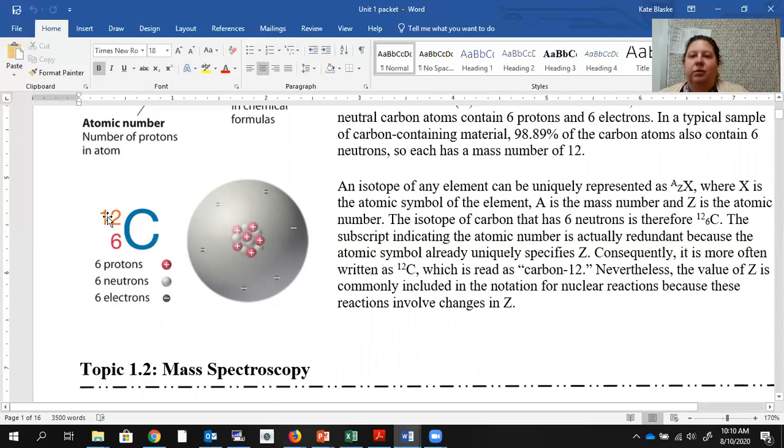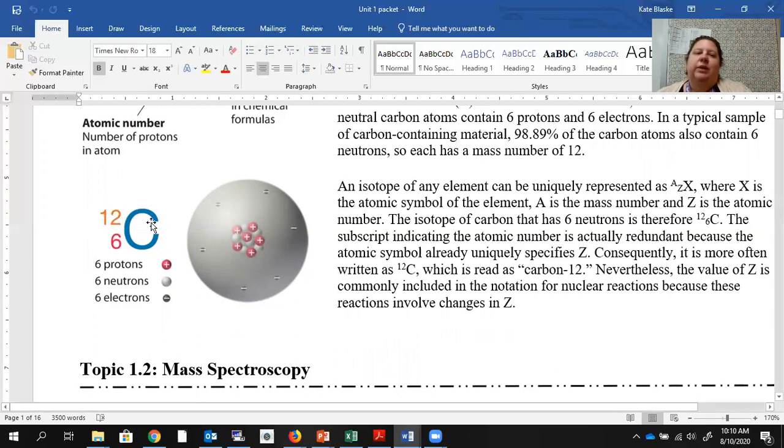We call those atoms isotopes of each other. So there are multiple isotopes of carbon. There's carbon-12, there's carbon-13, which has one extra neutron, and then carbon-14, which has 2 extra neutrons, increasing the mass by 2 from carbon-12.